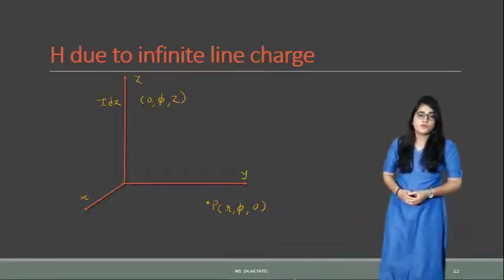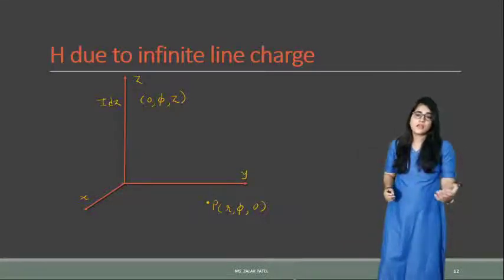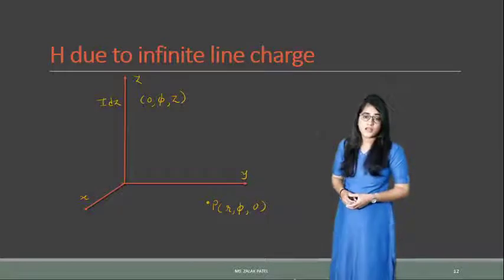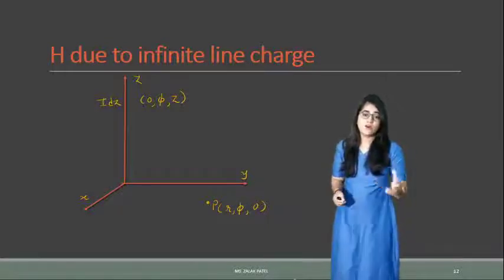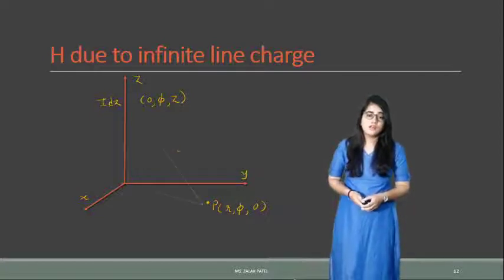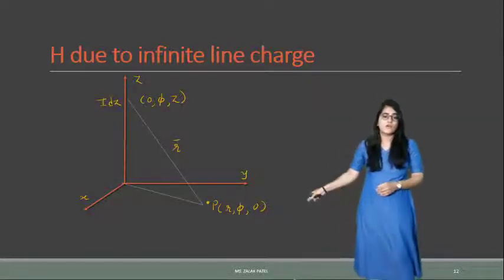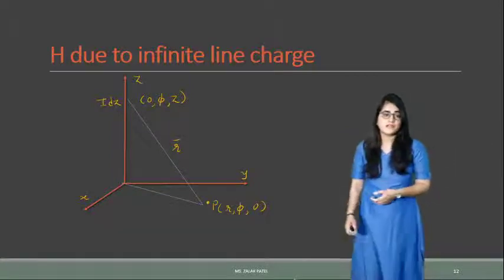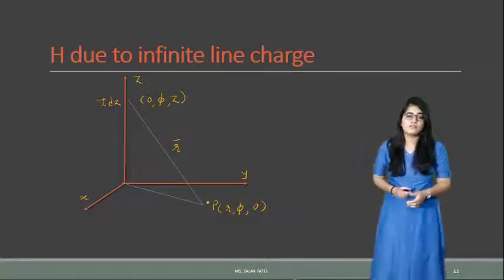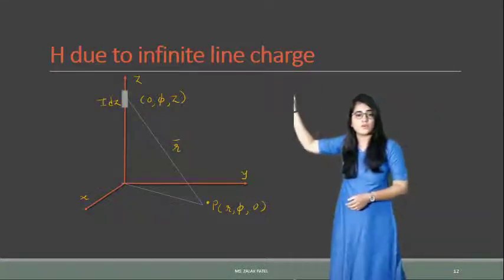Okay, so let's start with the first assumption. Here again we take the reference axes as the right-hand Cartesian coordinate system, and the main coordinates are cylindrical. The point where we desire the magnetic field intensity is point P, located at r, phi, 0, and our current filament is located at 0, phi, z.